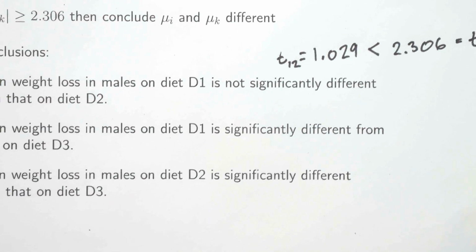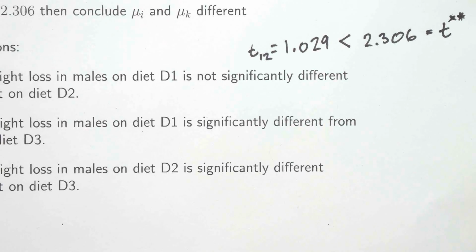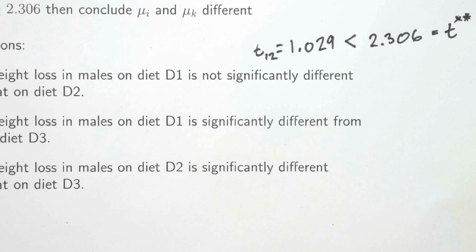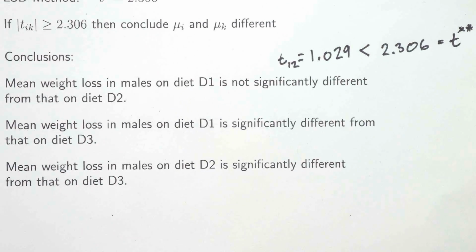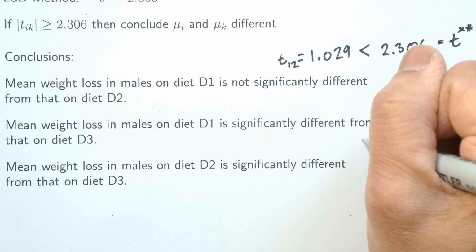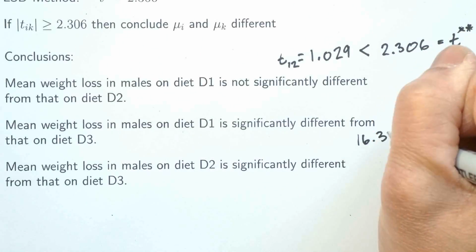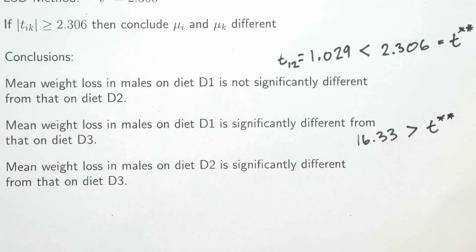If we look at comparison 2, we find that the mean weight loss in males on diet D1 is significantly different from that on D3, because 16.33 is much greater than our T star star.